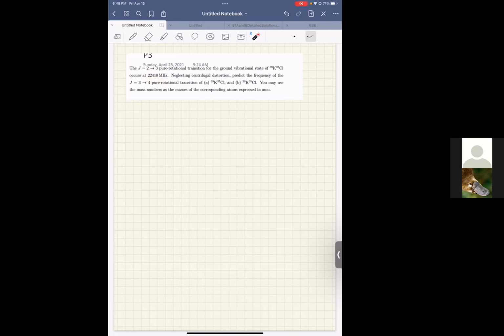Neglecting centrifugal distortion, predict the frequency of the J3 to 4 pure rotation. So it's asking us to figure out what the next jump would be, and we can use the equation that we found here. The distance between each energy level, J to J plus 1, would equal 2B(J plus 1).